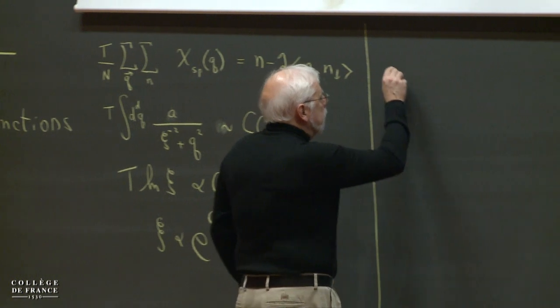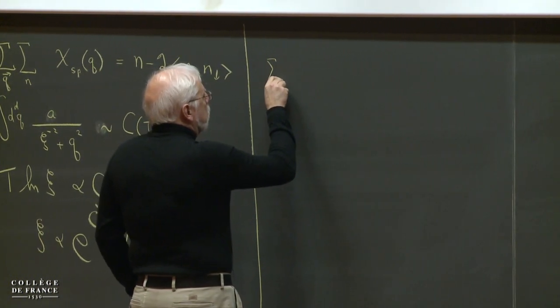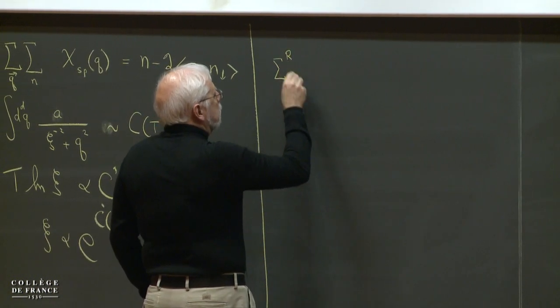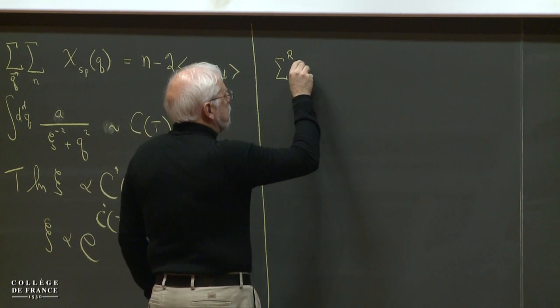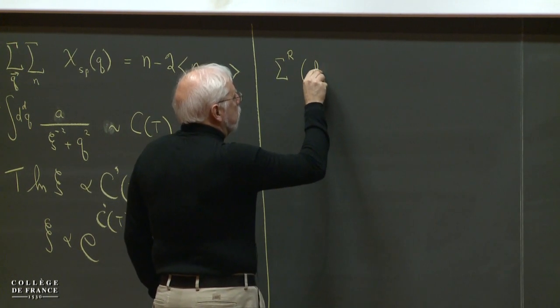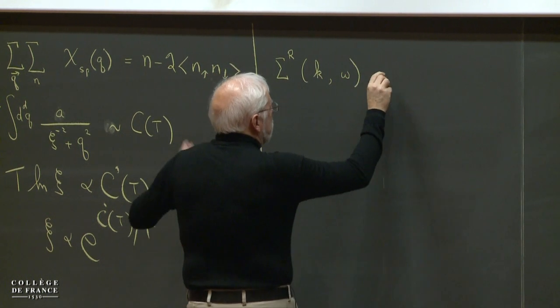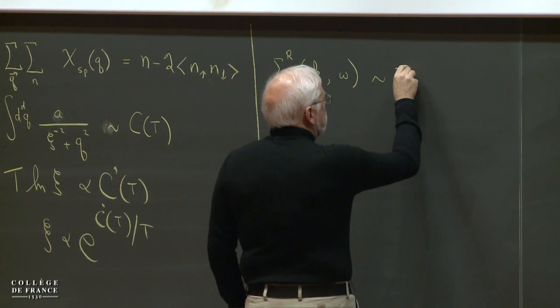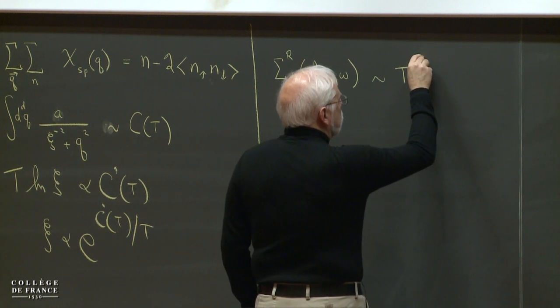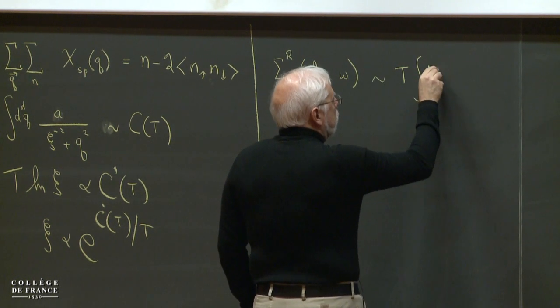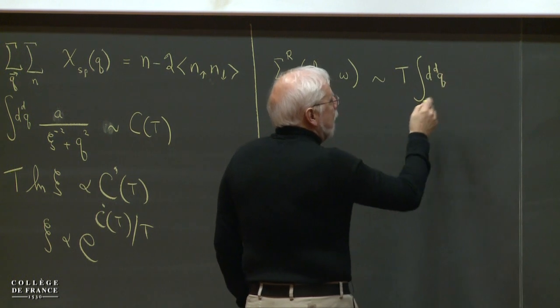So in the same approximation, I can write for the retarded self-energy. You saw the general expression. So retarded self-energy as a function of k and omega, drop the Hartree-Fock piece, then I keep just the zero Matsubara frequency contribution. So I get integral d^d q. And then I have chi spin.